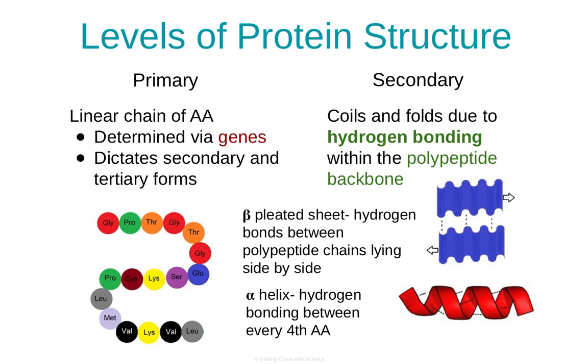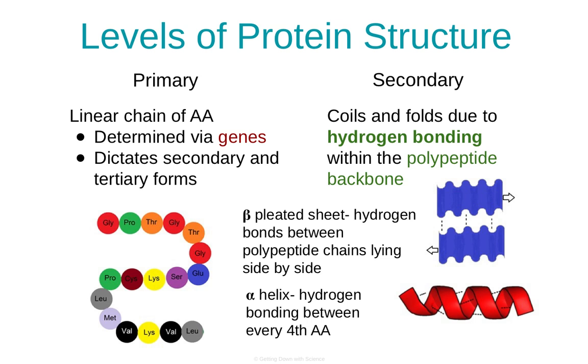When proteins twist and fold on top of each other, we get primary, secondary, tertiary, and quaternary types of folding. So the primary structure is the linear chain of amino acids, which is again determined by our gene sequencing, and it's going to dictate how that chain starts to twist and fold on itself.